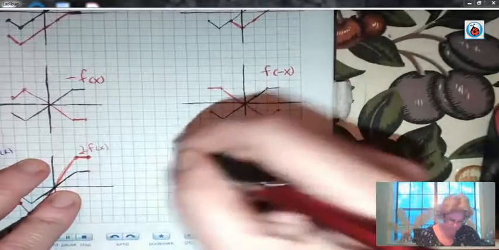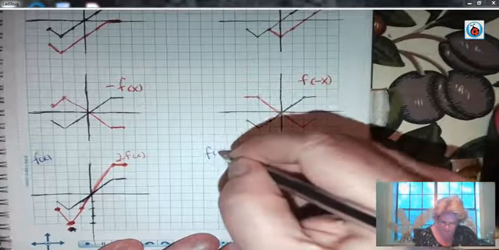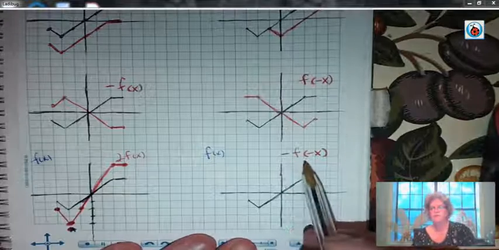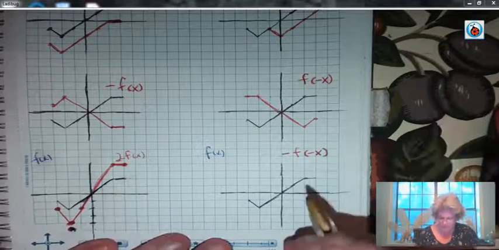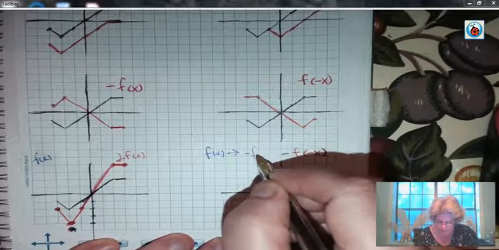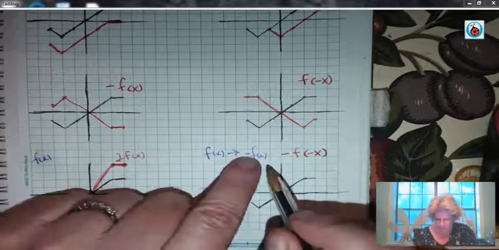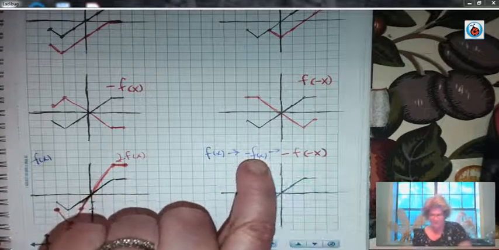And what about this? Well, if I start with f of x, how do I get to here? I can't do it in one step. So there's a couple of ways I could do it. I could go from f of x to negative f of x, and then take this one and replace the x with a negative x.